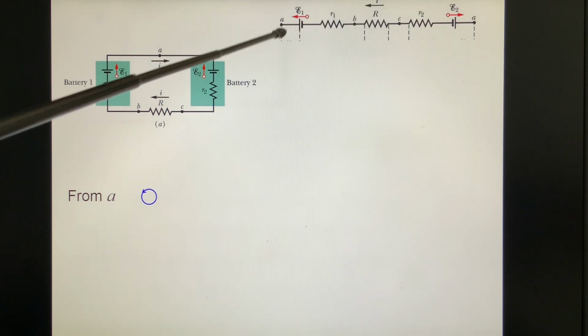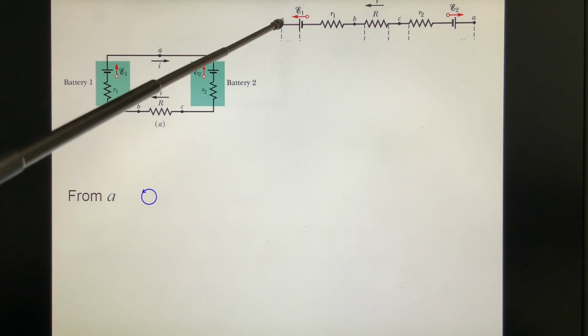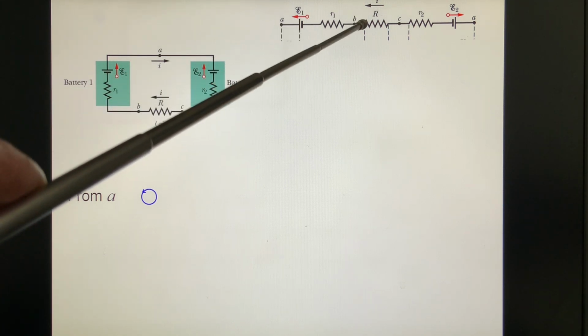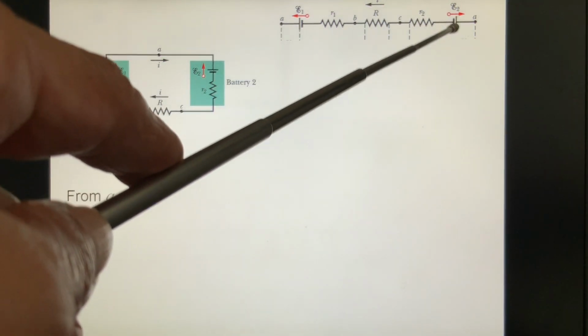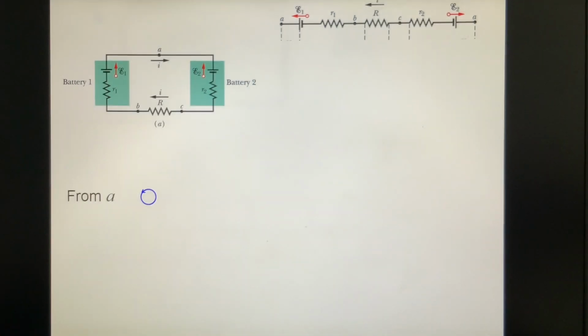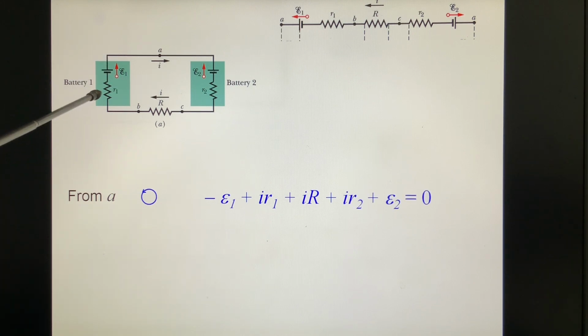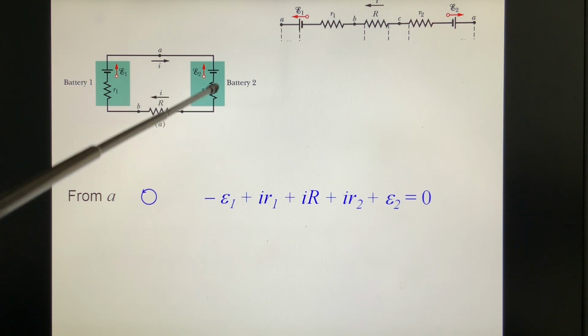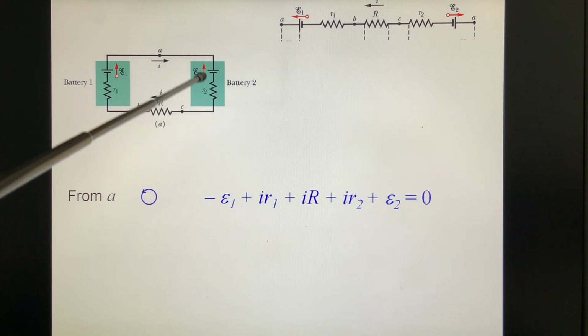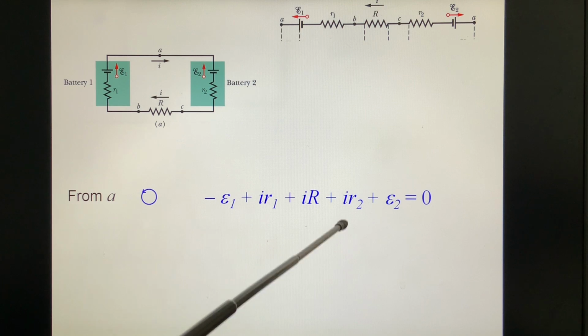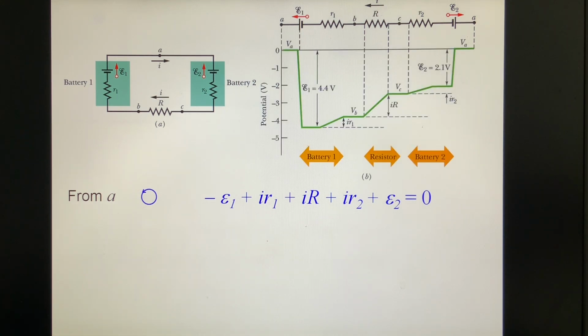You go to this one, you go to epsilon, I, big R, R2, and then the second battery, you go to a. We go counterclockwise this way, okay? This is minus epsilon 1, this is positive I R1, positive I big R, positive I R2, and positive epsilon 2, okay? So in this way, we can get I.